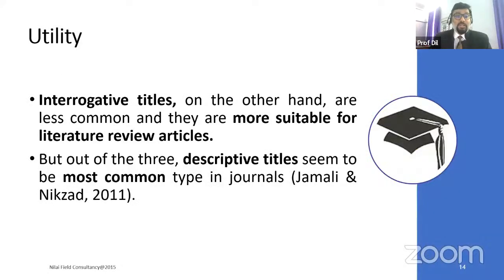But interrogative titles are usually for review of literature articles. You are talking about so much literature available from the past. Is that literature sufficient to explain the same concept in 2022 or not? Take an example, business operating models.